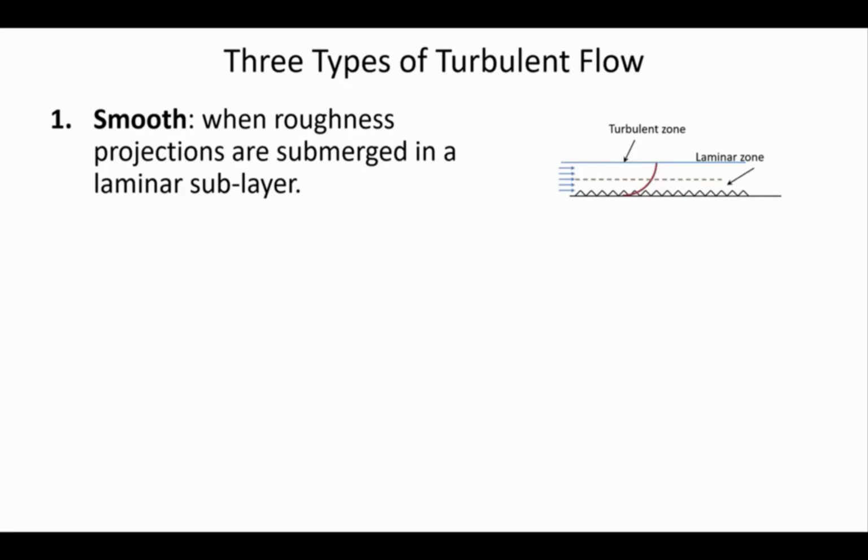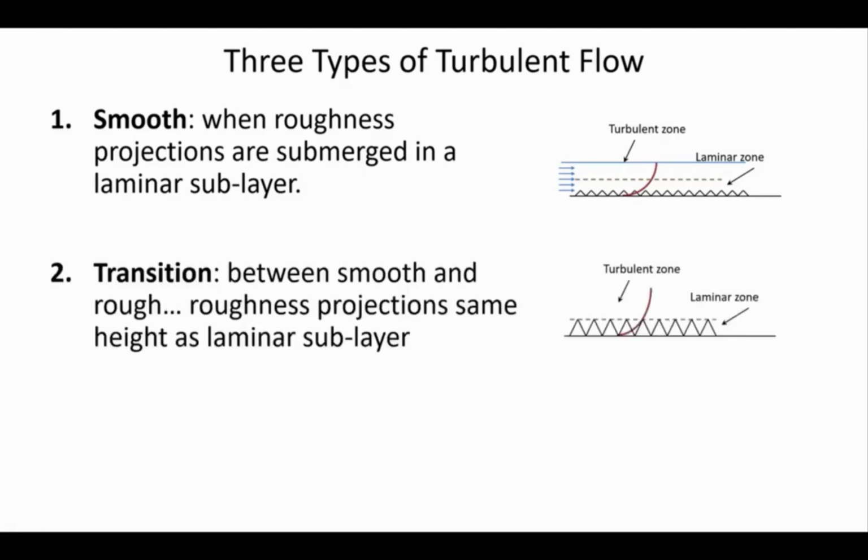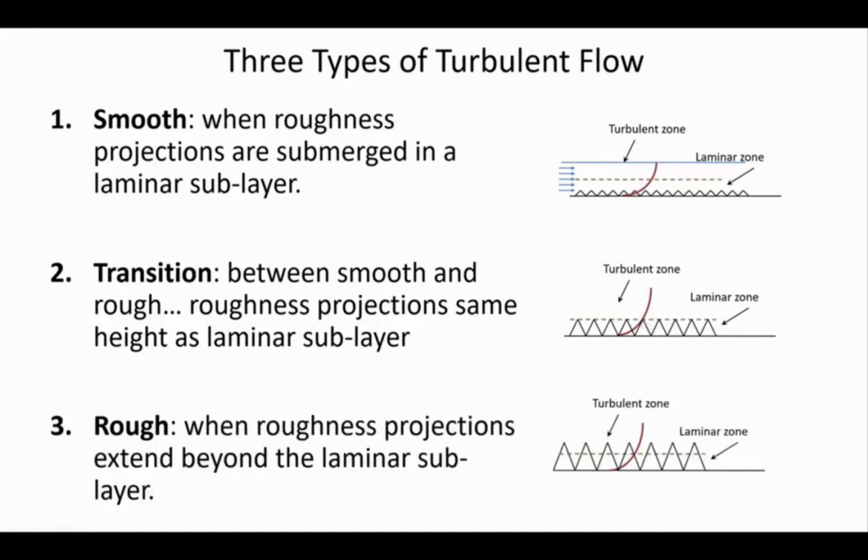But what we mean by that is that, whether it's concrete or pebbles, the water's moving slow enough that these projections of the roughness elements are fully submerged in the laminar sublayer. So that's smooth. Transition is when the laminar zone is exactly the same height as the roughness elements, and then rough flow, they project outward into the turbulent zone.